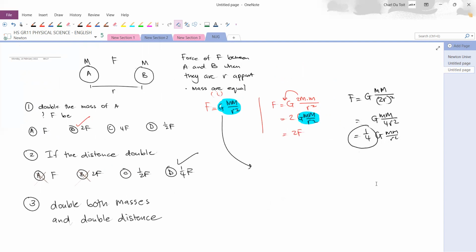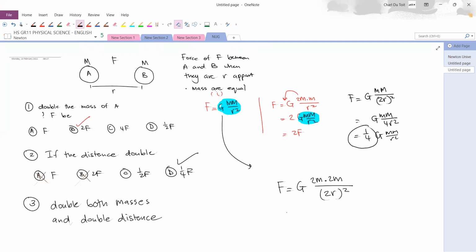Won't we say F equals G, 2M times 2M over, if you're doing both, 2R squared. That's the distance between them doubled.